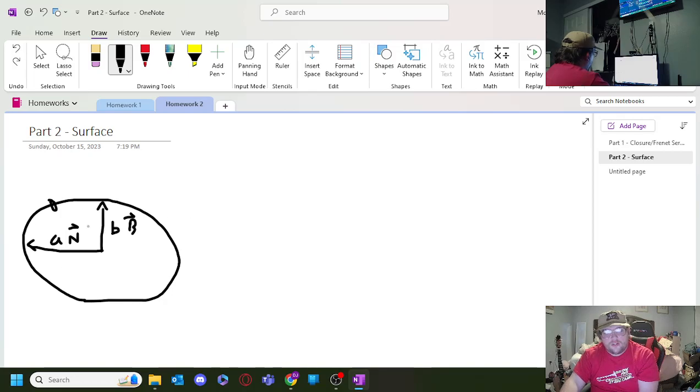So to do that, we've got to do something called a rotation matrix, where usually a vector is just on an xy plane here, where this is, say, vector v.